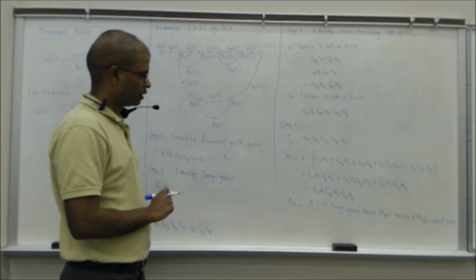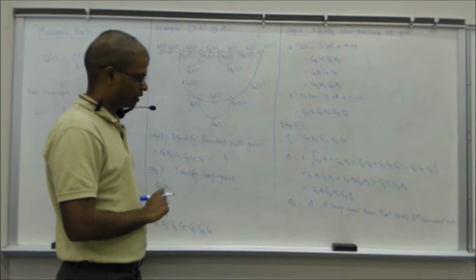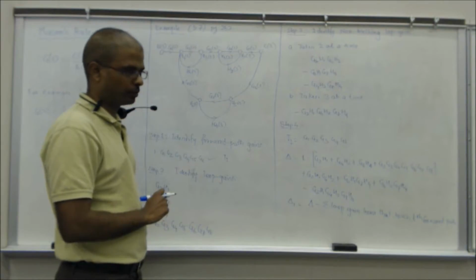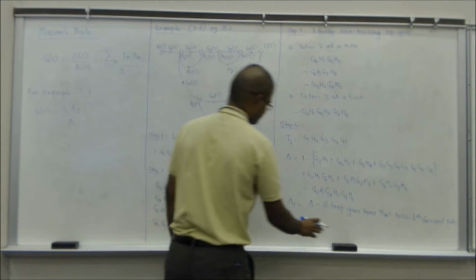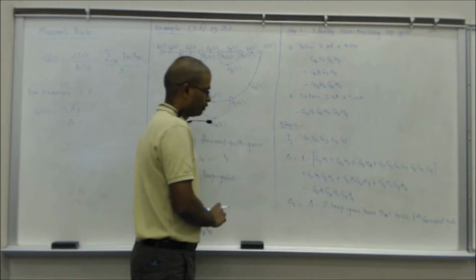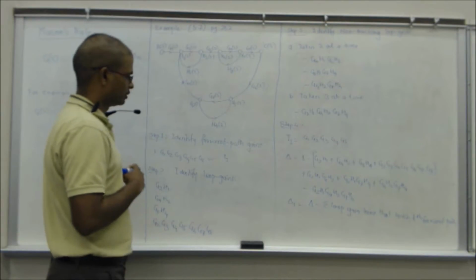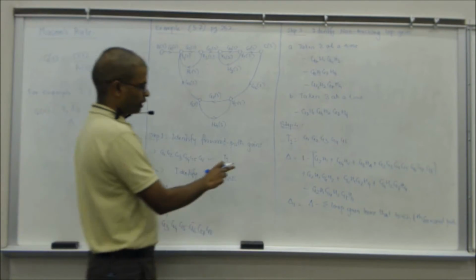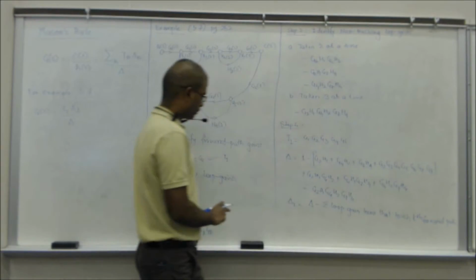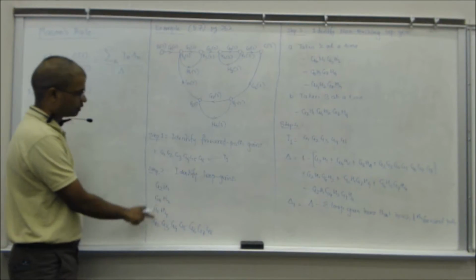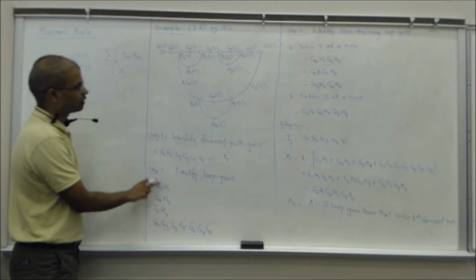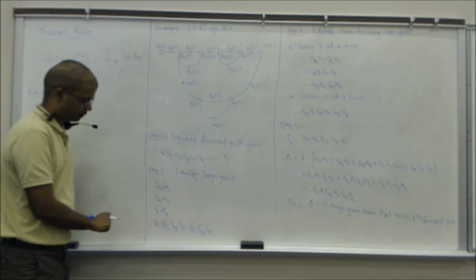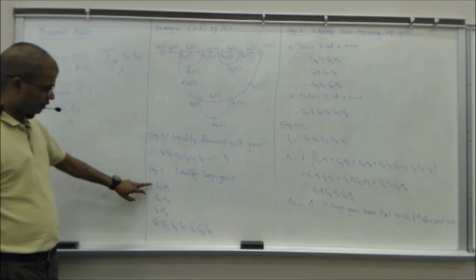Okay. So this is actually easy, but you need to pay a little bit of attention over here. The way you form delta 1 is, you take a look at what delta is, and you take a look at what the loop gains are. These are your loop gains, correct?